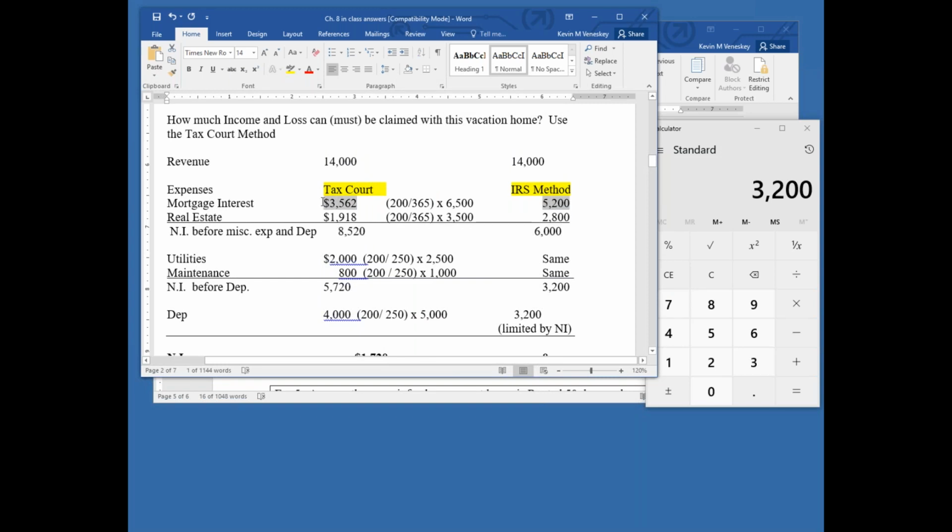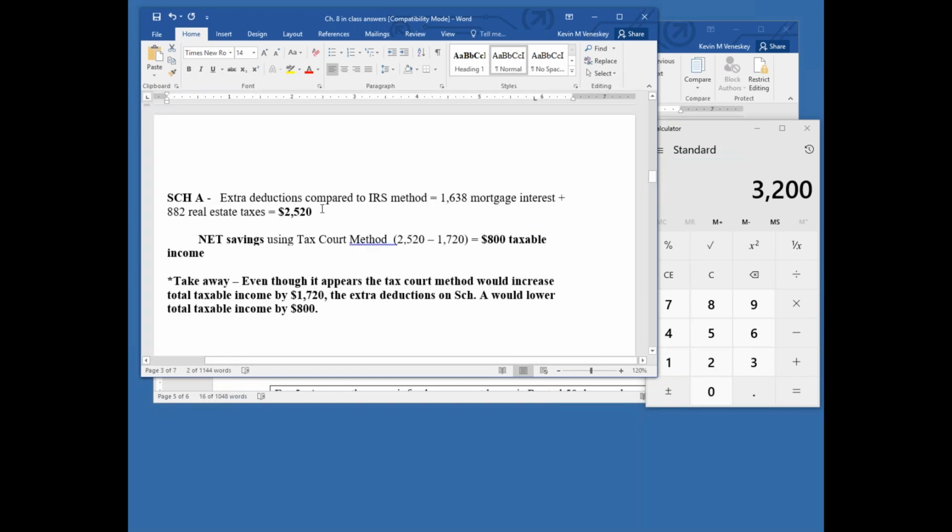You could have done it on a piece by piece basis and said, okay, the difference between 5,200 and this is a certain amount, and the difference between this and this is another certain amount, and add those two together and you're going to get 2,520. Or you could just look at the difference between my two net incomes at this point. That's how much I did not use in real estate and mortgage interest using the tax court method. So that's how much I can bring down and use on Schedule A.